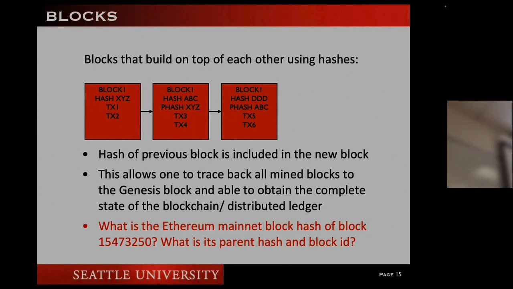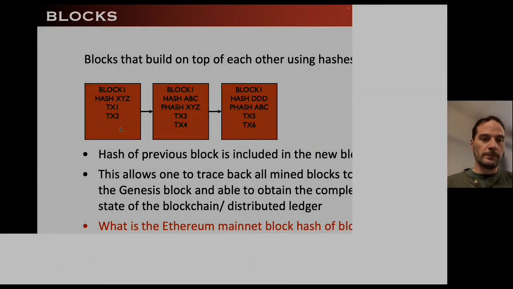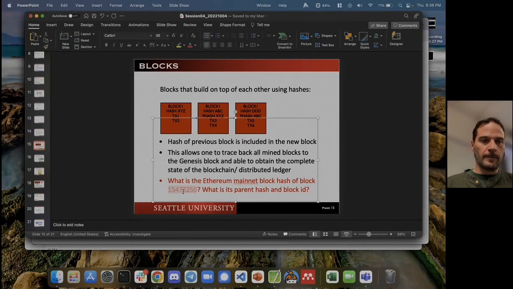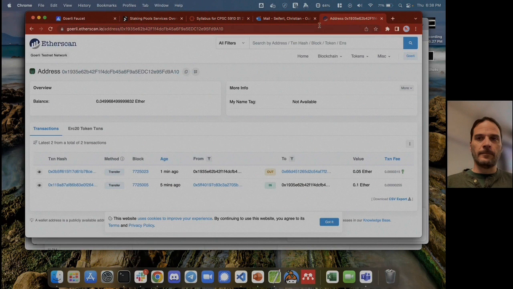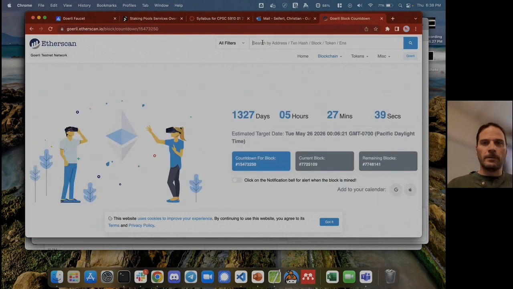Were you able to look up that block? Yeah. All right, what are the first 3 characters of the block hash? Is that right? You guys see that as well? Oops, hang on.